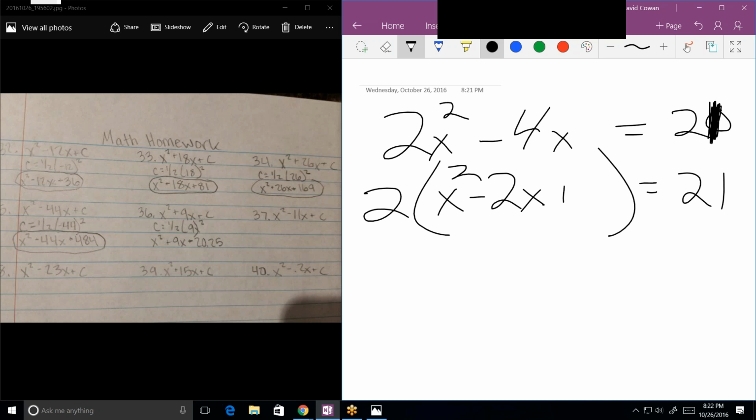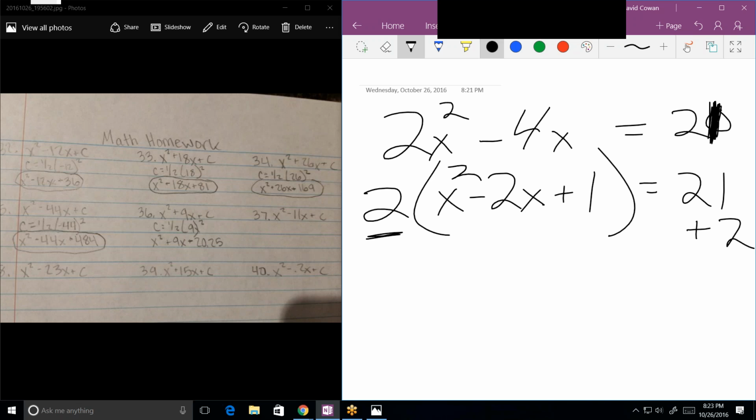How much did I just add to the left side of the equation when I wrote plus 1 there? You added 1, but it's being multiplied by that 2, so I actually added 2. So I have to add 2 to the right side of the equation. Now it's still the same as I started with.